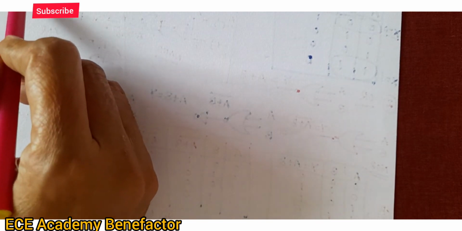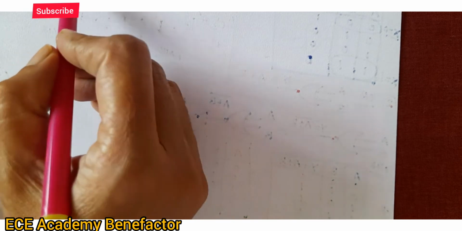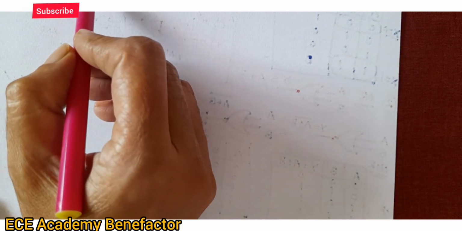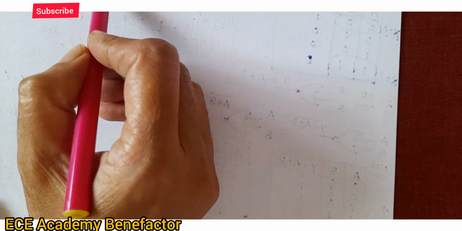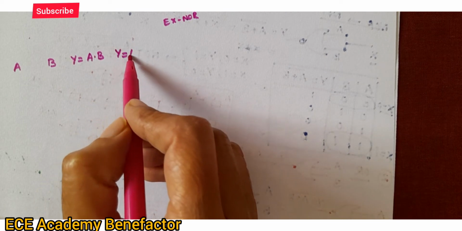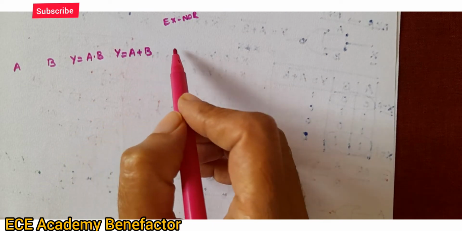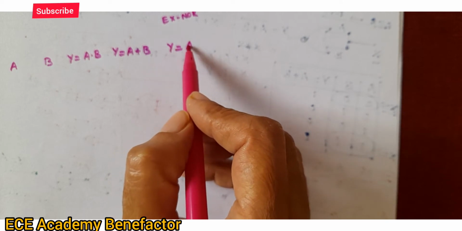Coming to the final truth table of all the gates, if you summarize, with inputs A and B, the output of the AND gate is A dot B. OR gate, y is equal to A plus B. NOT gate, y is equal to A bar.